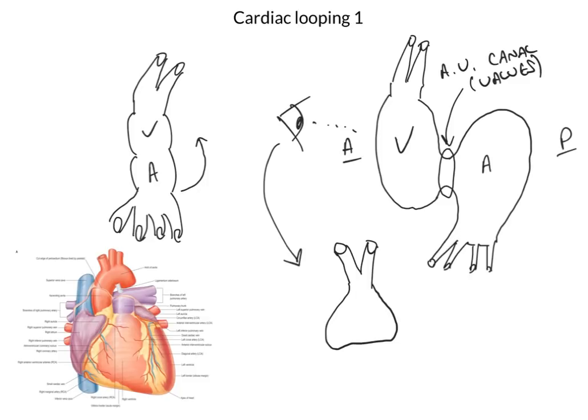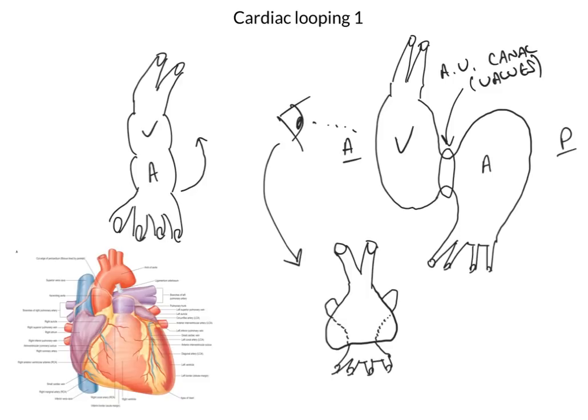The atrium, remember, has gone behind the primitive ventricle. So here are the veins of the sinus venosus. And we can see the rest of the primitive atrium if we depict that as dotted lines just here. And it just protrudes like that and like that. So now we can see something that's starting to look like an adult heart.